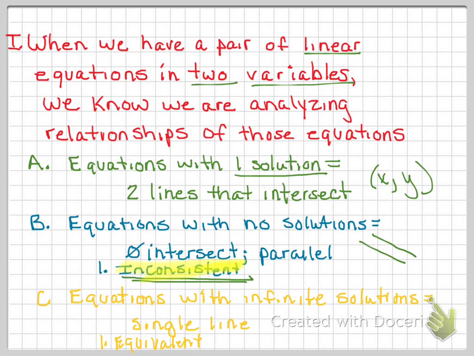And then lastly, there's equations with multiple or an infinite number of solutions. And this we know will create a single linear line. And that has a special name called equivalent equations.